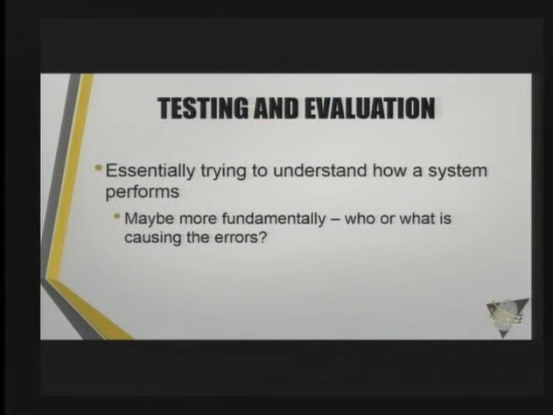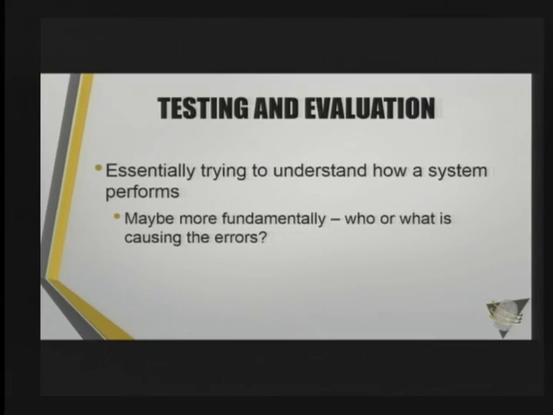What we're trying to do in testing and evaluation is to give people a good idea of the performance of the systems. But what we don't really understand is something more fundamental: who or what is causing the errors. As we're looking at more complicated systems, there are a lot of other things being drawn into this environment that could create errors that aren't necessarily attributed to the actual biometric features themselves.